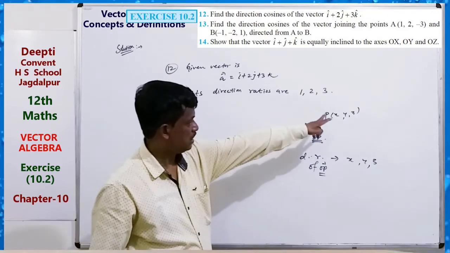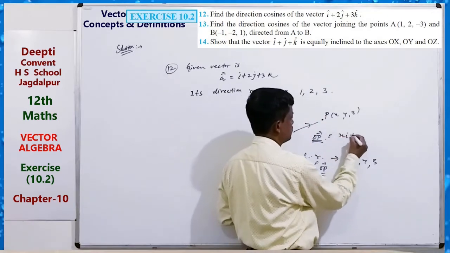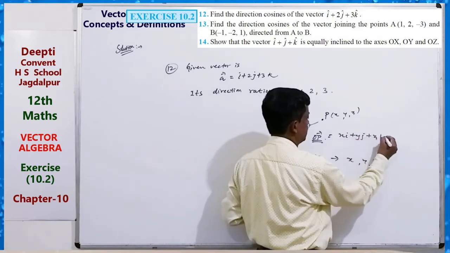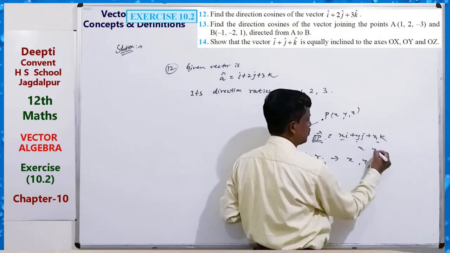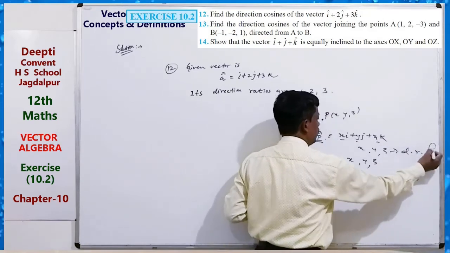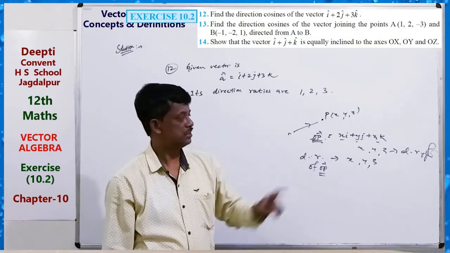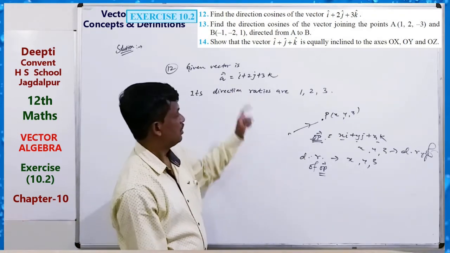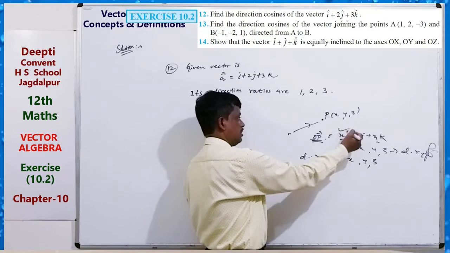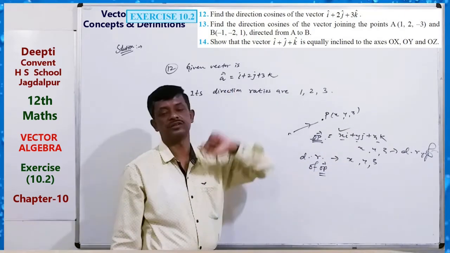Because if a point is given, then you can write its position vector as xi plus yj plus zk, and x, y, z are the scalar components. These are the direction ratios of OP. So here the vector is given, and 1, 2, 3 are the direction ratios.